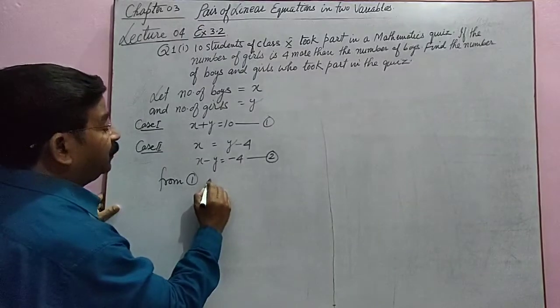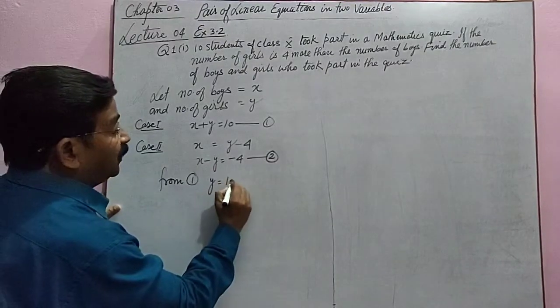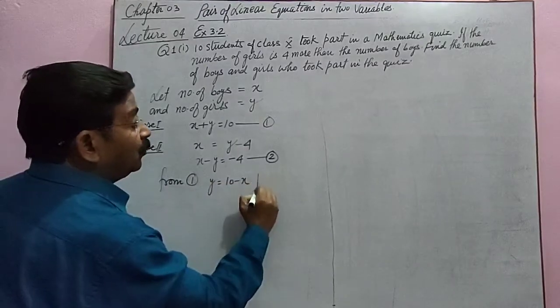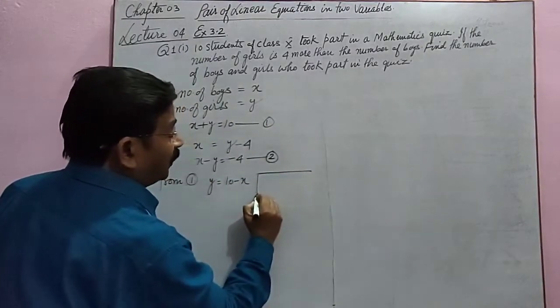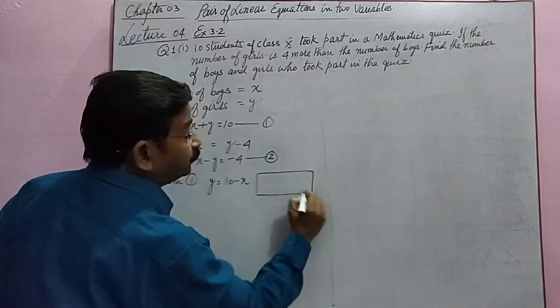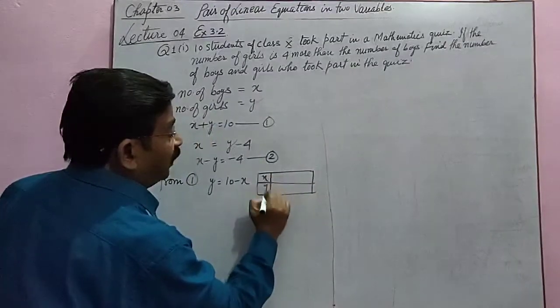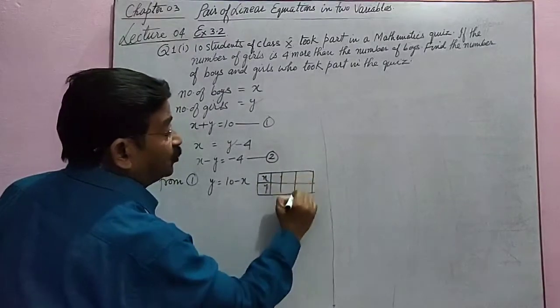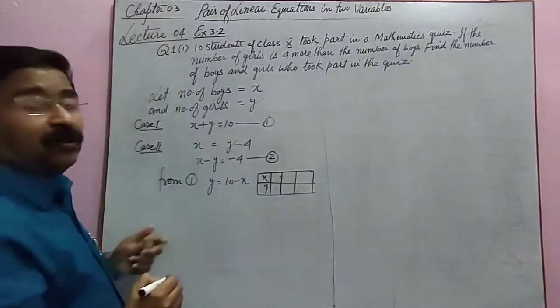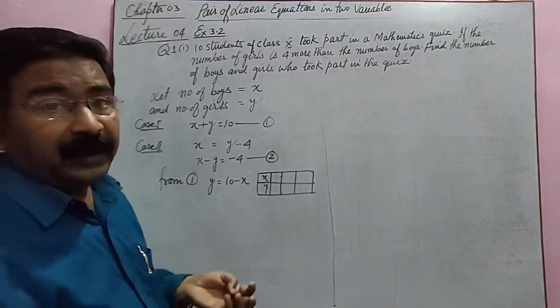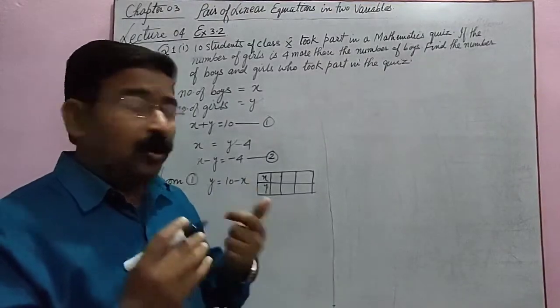Like I am writing y is equal to 10 minus x. We have got an equation. Now form a table for at least 3 values of x and y. Now put the value of x in this equation to get the value of y. Try to take whole numbers.